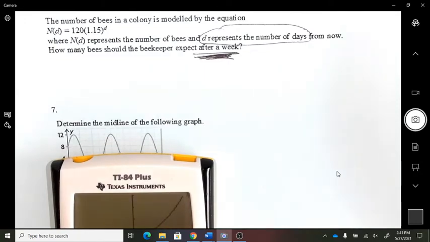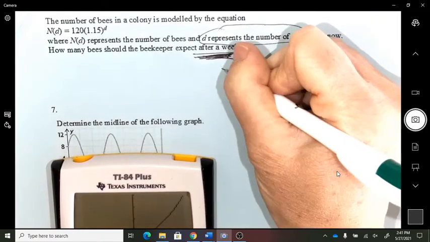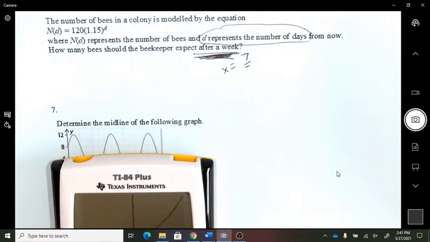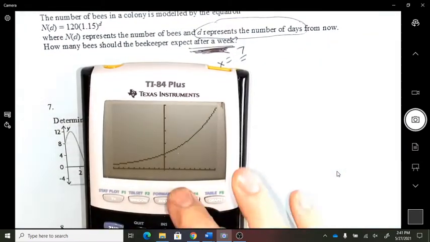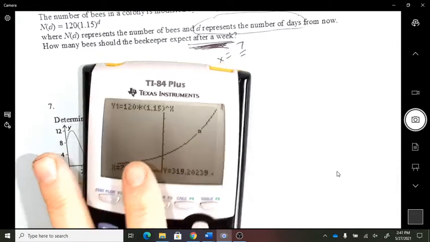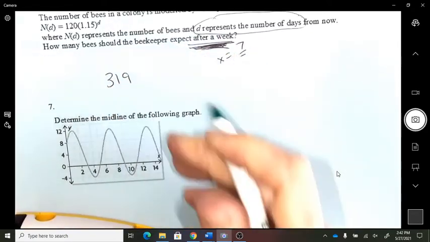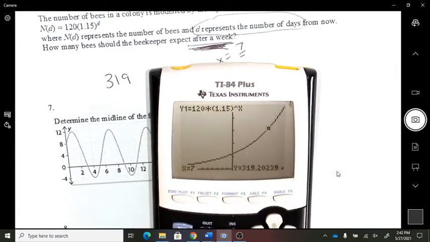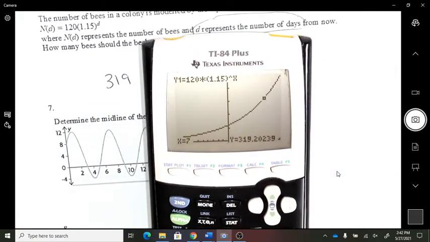So that's 7 days, right? So we're going to use 7. Are we talking an X of 7 or a Y of 7? So if X is 7, trace, go to the 7. You're going to expect 319 bees. And that I'm going to just round, right? Because it's an answer of the number of bees. I don't really need a fractional part of a bee, a wing or something.